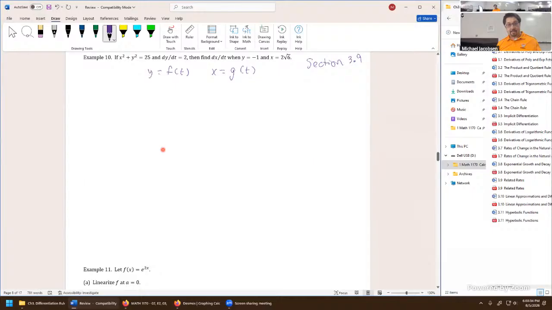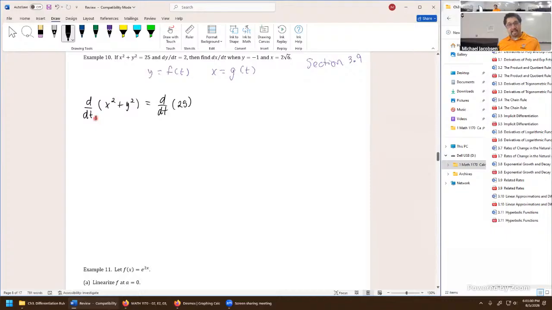So here's our next look at implicit differentiation. If we want to find dx/dt, that means we take the given equation, calculate d/dt of the entire left-hand side, x squared plus y squared. Same derivative, d/dt of the right-hand side, 25, where that's a constant, so it'll go to 0.